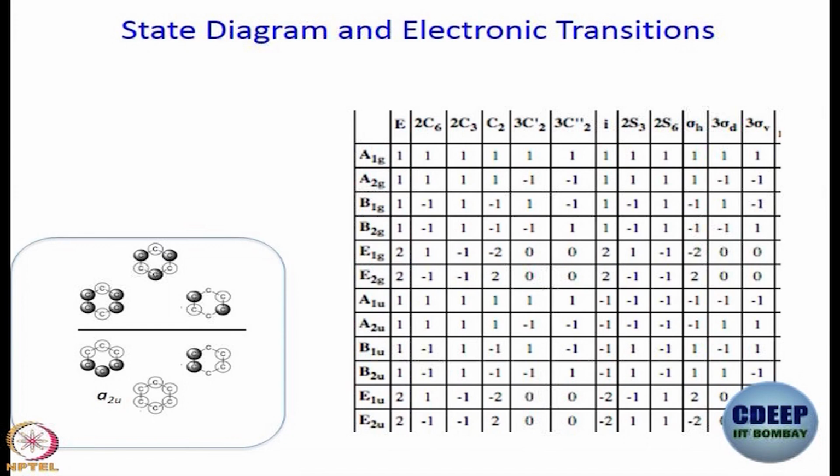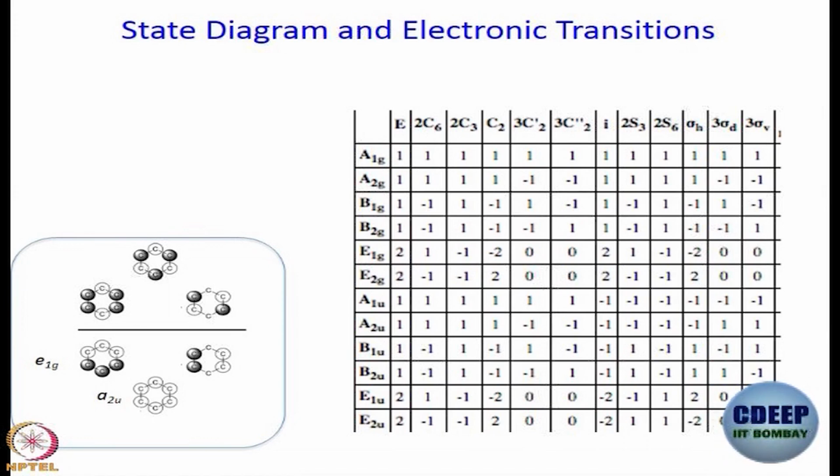So, this one, is it minus with respect to sigma H or plus with respect to sigma H? Huh? Plus? No. Sigma H. So, E1G, right. So, this is my shortcut. I do not really have to work out the matrix all the time.